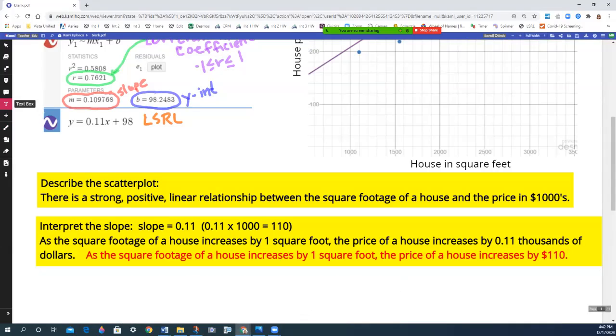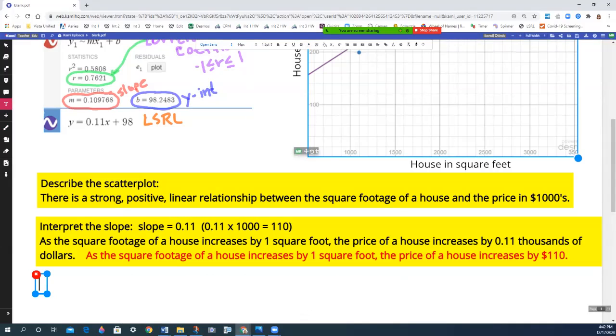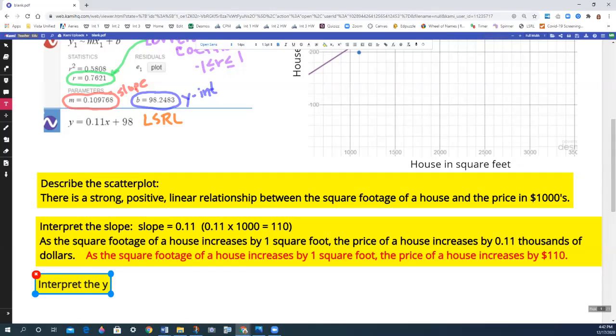Now, the next thing I'm going to talk about is, let me change the color back to black, is the slope. I mean the y-intercept. So now we're going to interpret, let me get this to be bold. Okay, we're going to interpret the y-intercept.